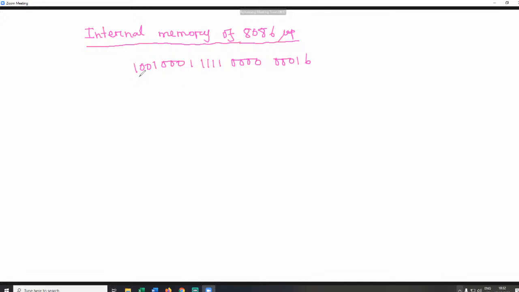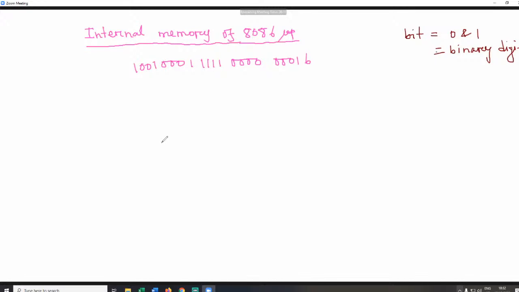Each bit can be 2, right? Bit means binary digit. You already know what a bit is. A bit is nothing but 0 or 1. So you have 20 bits here.